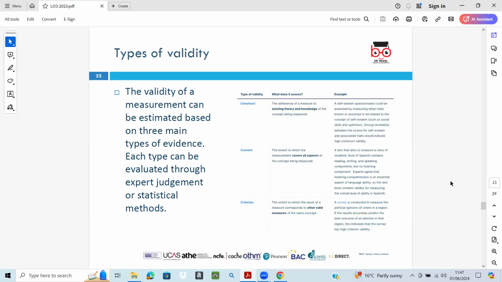To discuss the three main types of evidence, we have construct, content, and criterion. Okay. Right. So we will discuss that.